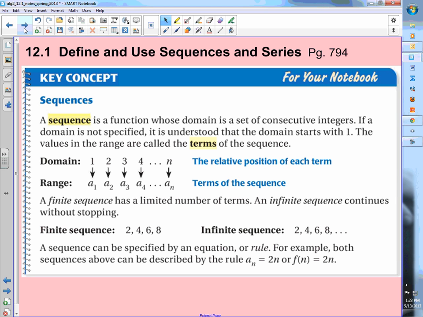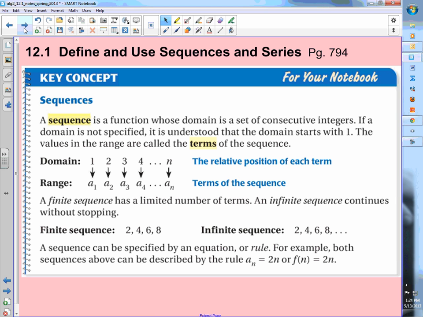A sub 1 is the first term. A sub 2 is the second term. A sub 3 is the third term. A sub 4 is the fourth term. That's how you'll identify the terms in general: A sub 1, A sub 2, A sub 3, A sub 4. The terms themselves are 1, 2, 3, 4. Potentially.